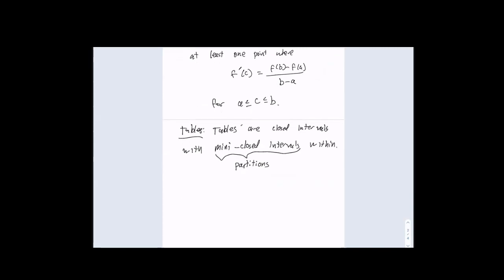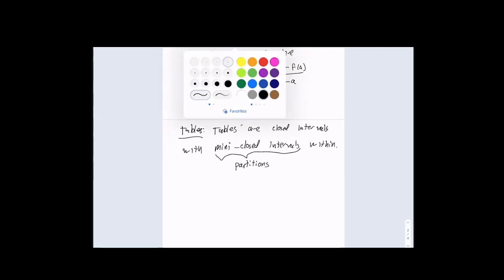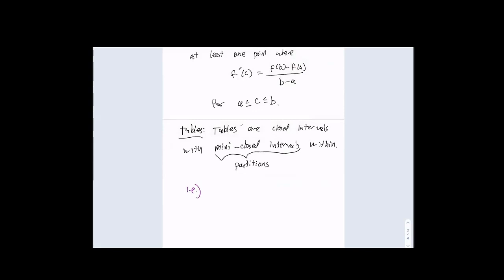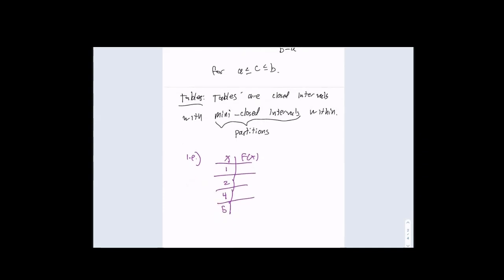What do I mean by that? For example, if I gave you the table for the x values and the output values, and I gave you 1, 2, 4, and 5, and the outputs -1, 3, 5, -6.